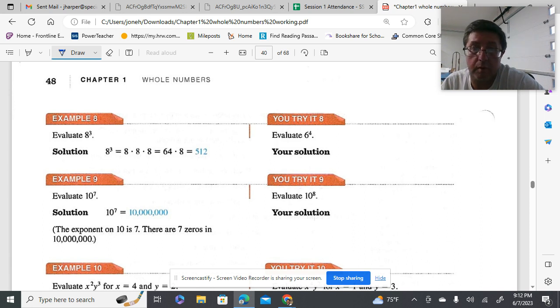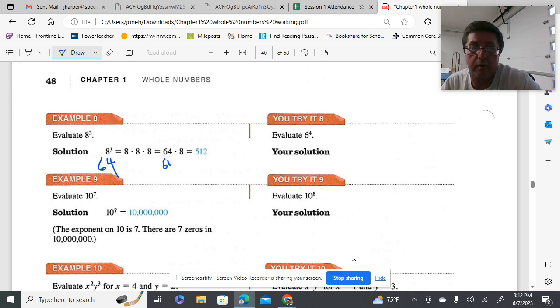You're just evaluating there 8 cubed. So we can figure that out. I'm going to use the YX button. 8, YX, 3 equals 64.